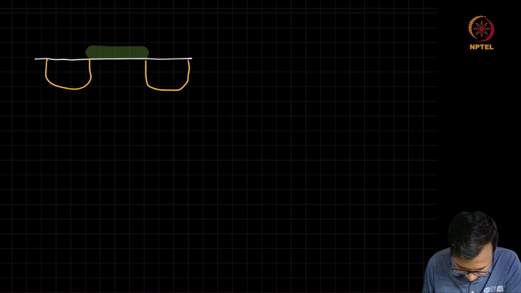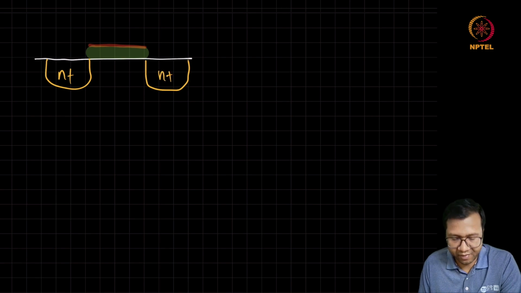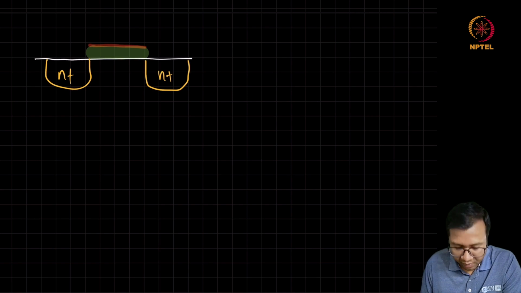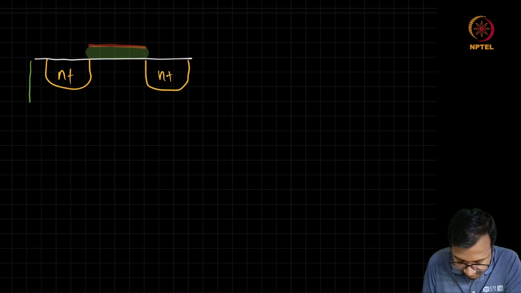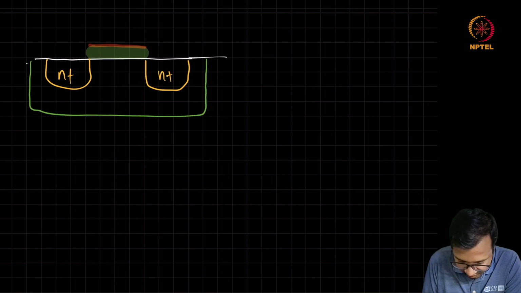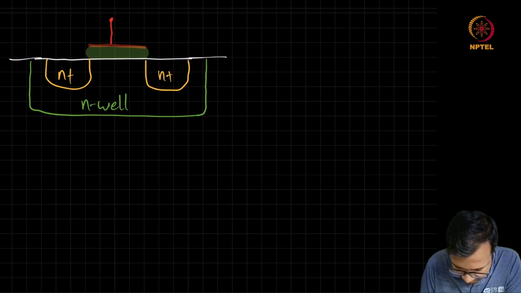you've got this gate oxide, some gate metallization. These are the N plus diffusion regions. But instead of using a P substrate, if we place this structure inside an n-well, now if we take this connection out, this is the gate.